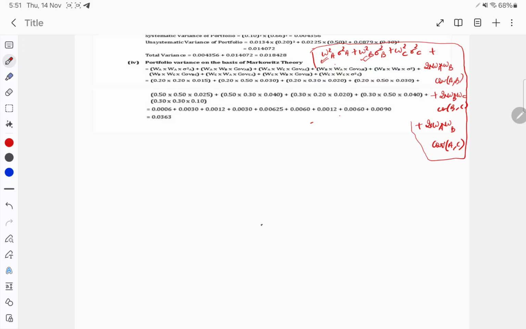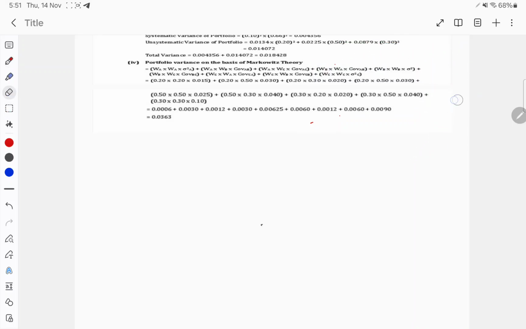Let me explain this part, because many of you find it difficult to solve. First I'm writing the formula.